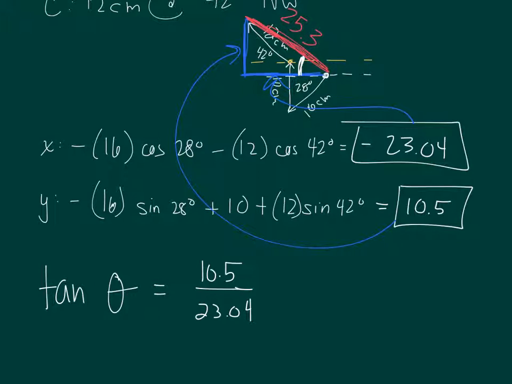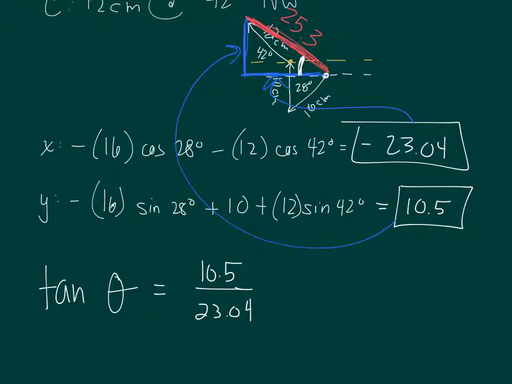So the negative sign is not being utilized here. Please don't use it. The negative sign is only going to help me know that this ant traveled west and not east. If it was positive, it would be traveling east. Okay, so the 23.04, you do not include the negative sign. So remember just to use either the absolute value or just remember to drop the negative sign.